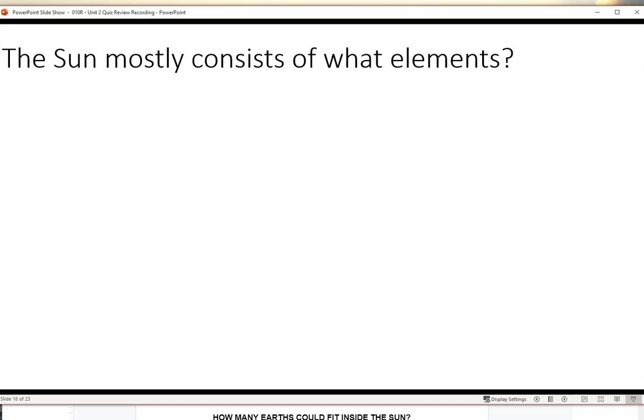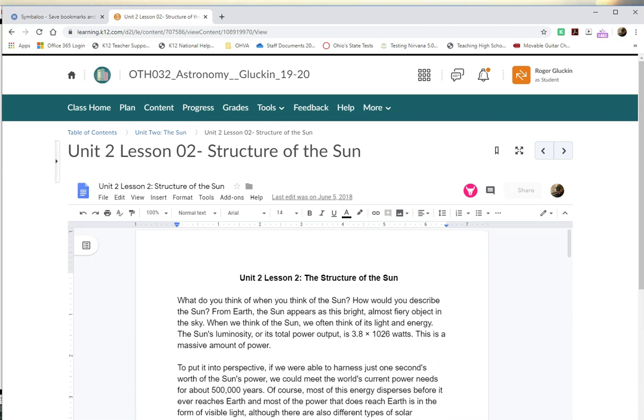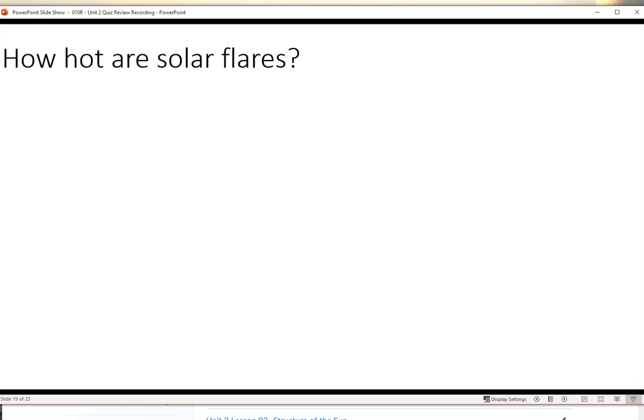The sun consists mostly of what elements? The sun is mostly made of what elements? And for that, you should look in lesson 2, Structure of the Sun. How hot are solar flares?